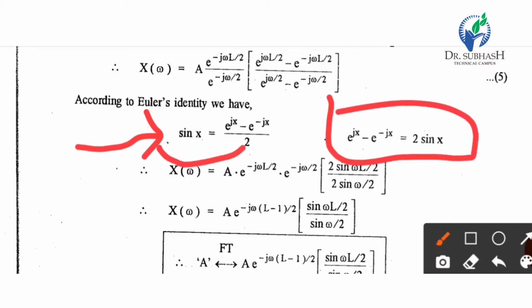So the 2 will be put on the other side of the equation. Likewise, here e raised to jx minus e raised to minus jx, but in our equation it is e raised to j omega L by 2, and in the denominator it is e raised to j omega by 2.